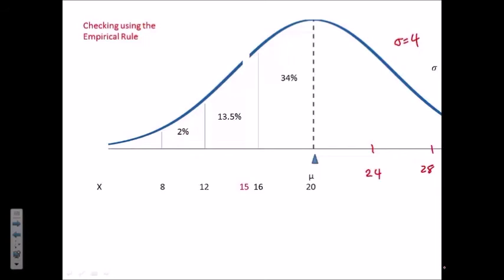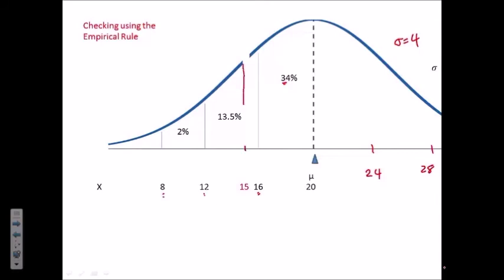Going the other way would be 16, 12, and 8. If you remember the empirical rule, this area is 34, this is about 13.5, this is 2, and this is very small. So we're looking for the area below 15. So where is 15? 15 is about here.